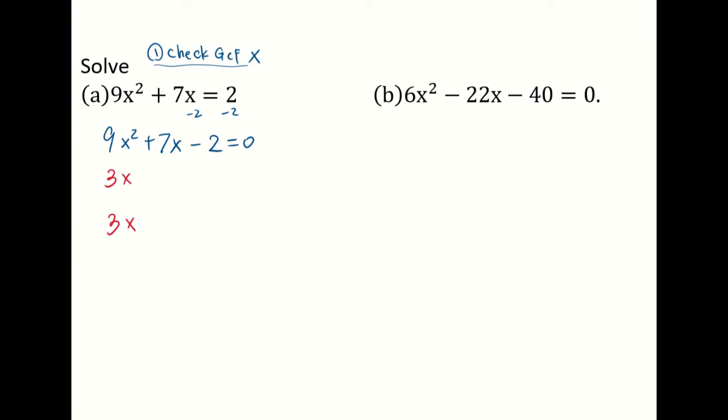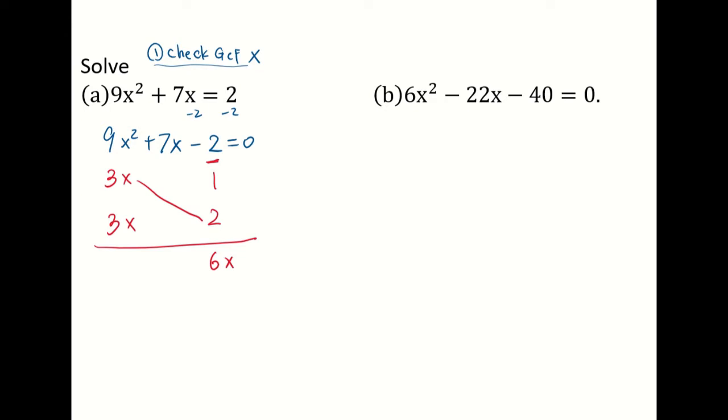All right. Then I'll factor this 2. What makes 2? There's only one option. 2 is 1 times 2. Okay. Then I'm going to draw a line here and cross multiply. 3x times 2 is 6x.